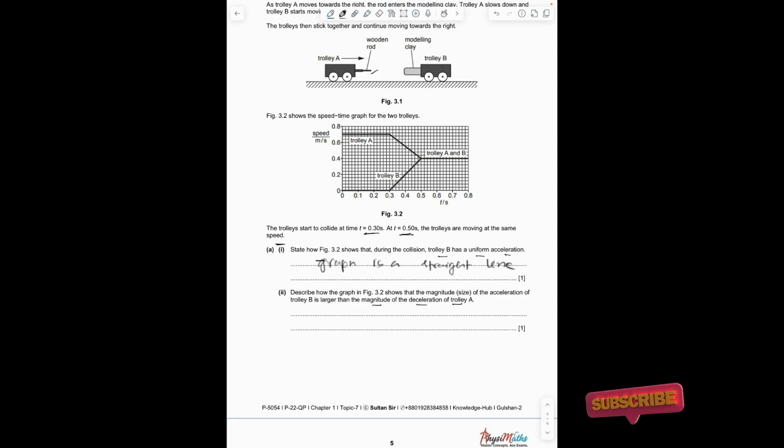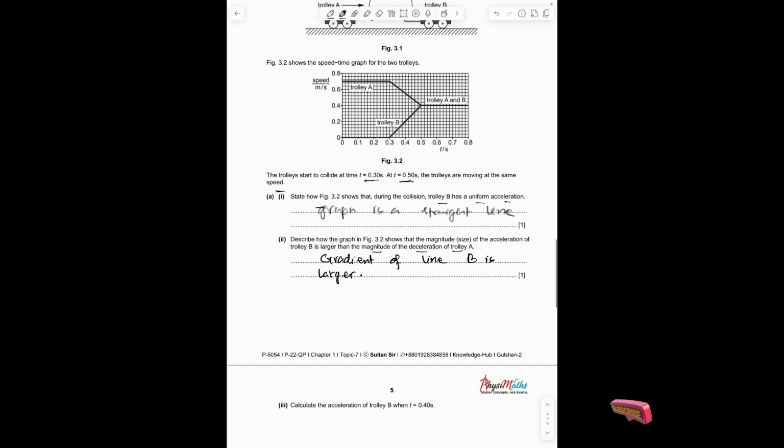So what can you write here? The gradient of line B is larger. Okay, so move to the next question.